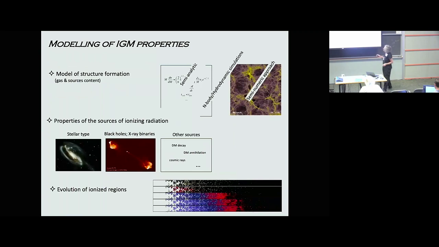And the last ingredient is a way to follow the evolution of the ionized regions. Also in this case, we have very different approaches, from the simplest one, in which you just count how many ionizing photons you have and how many atoms you have to ionize, to the most complex 3D, multi-frequency, non-equilibrium radiative transfer approaches.